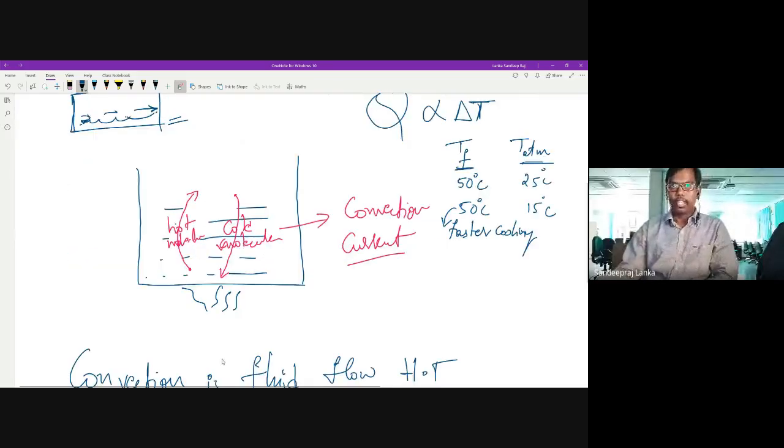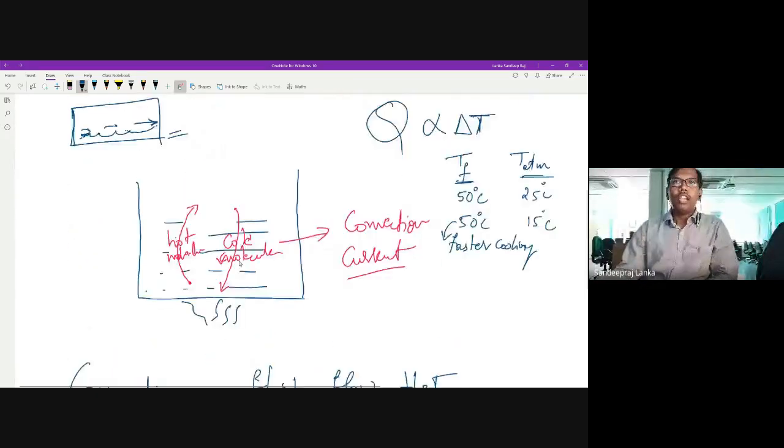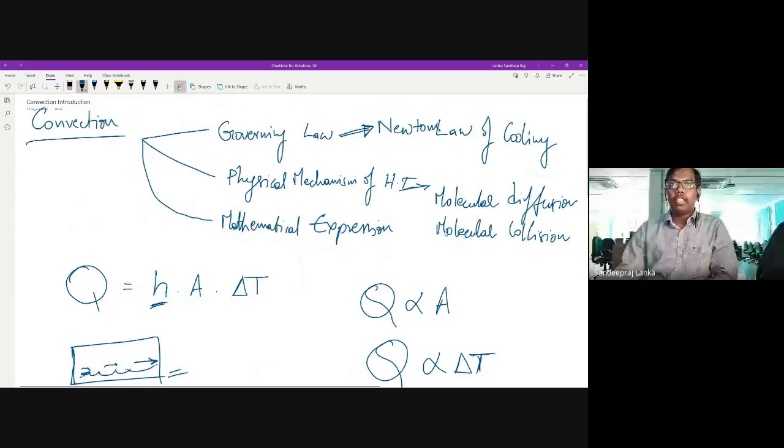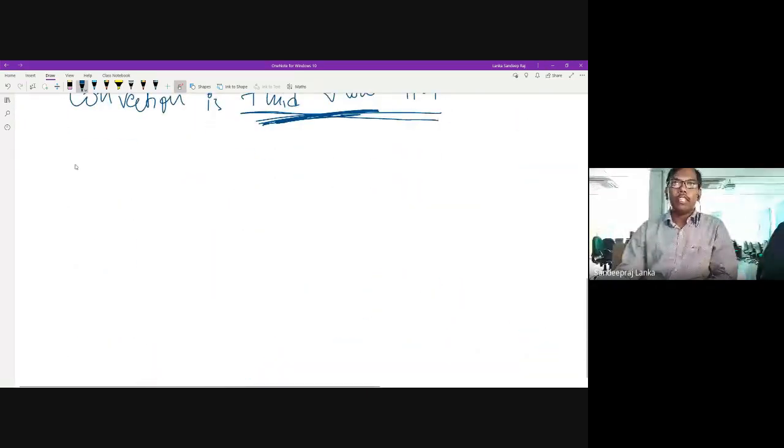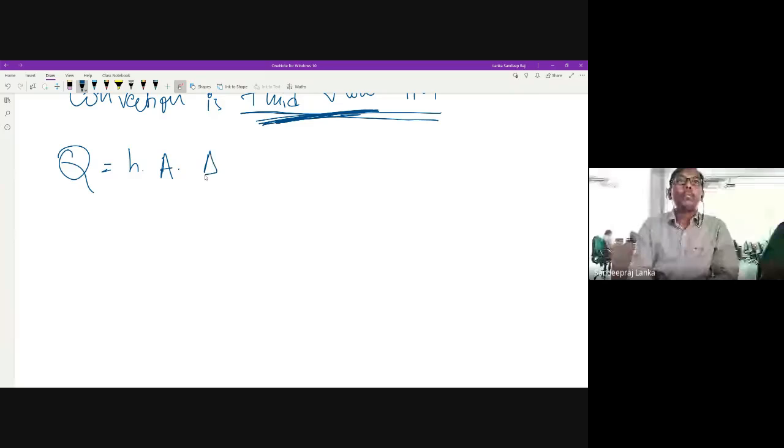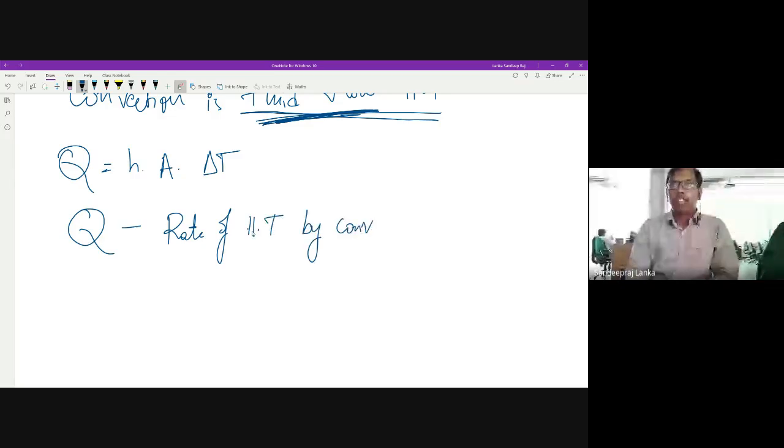So that is the part regarding the physical mechanism of heat transfer. Now let us look at the mathematical expression. I already told you that Q is equal to h into A into delta T. When I say Q here, it is the rate of heat transfer by convection.